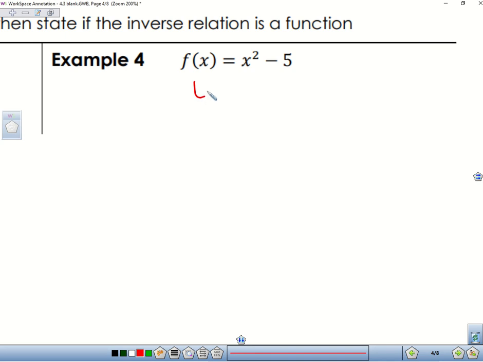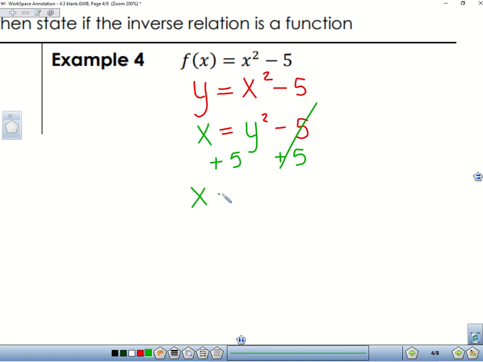So the first step is to replace your f of x with y. The next step is to now flip x and y around. Once you flip them around, you're going to solve for your new y. That gives me x plus 5 is equal to y squared.